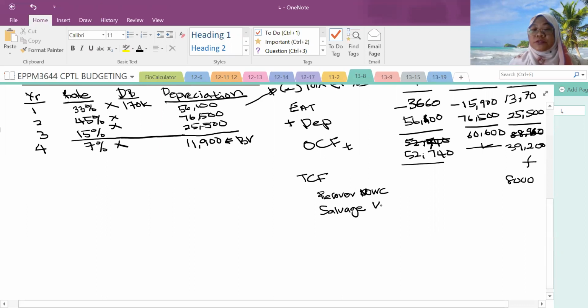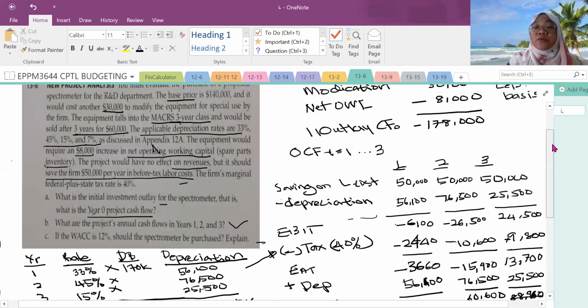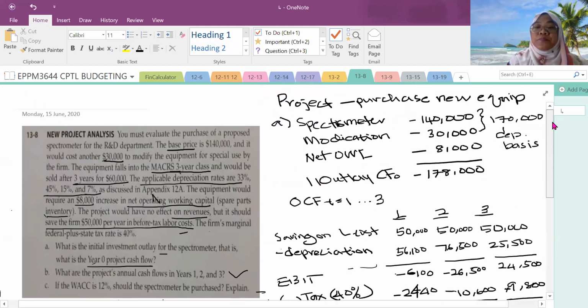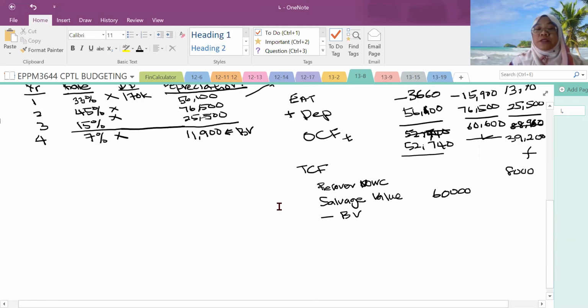So the salvage value is 60,000. This is not the net. So next we have to deduct this value with the book value of the equipment, right? The book value of the equipment would be, okay, where is it? Okay, here, right? 11,900.